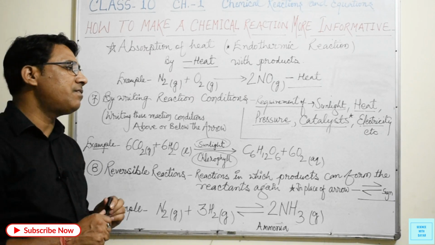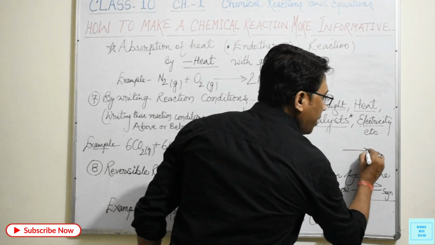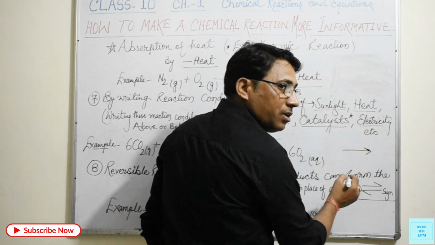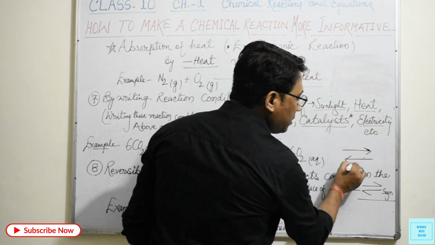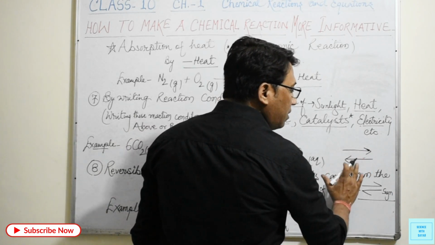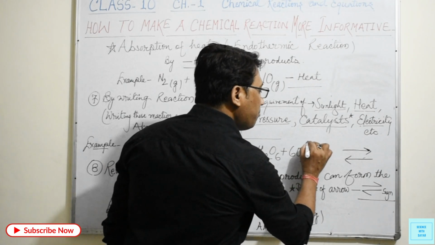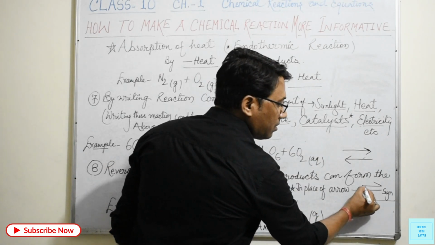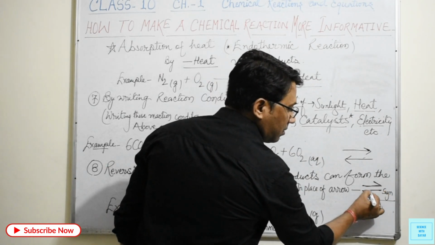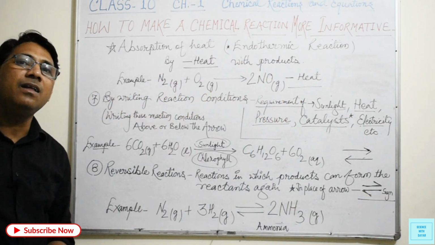So reactants are forming the products, and products are again forming the reactants. We can show this type of reaction by a simple symbol, this sign. This sign shows the reversible reaction.